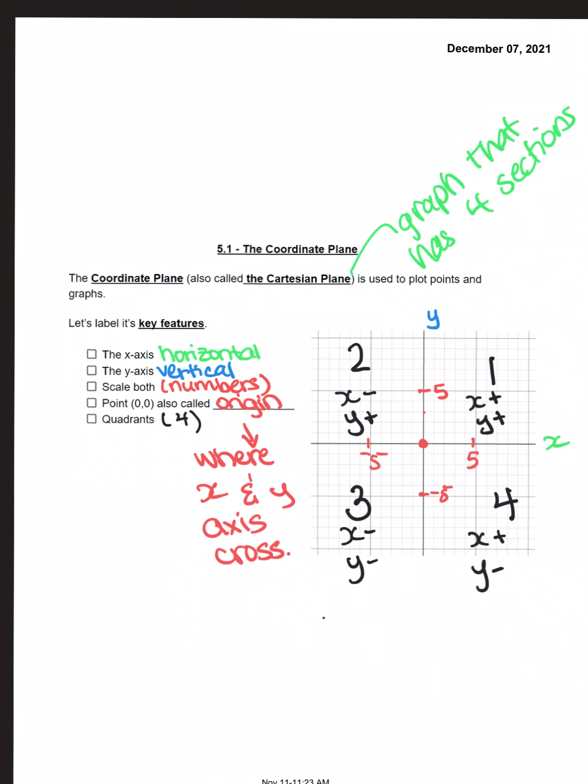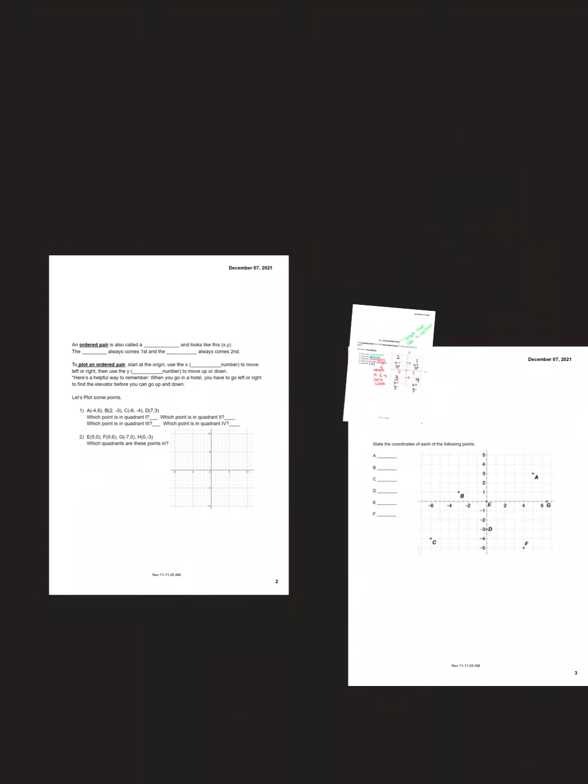My x's, if I just compare right to left, I know my x's are all positive here on my right-hand side, and my x's are all negative on the left-hand side. So these are some things that I'm noticing here, okay? But this is essentially what a Cartesian plane is. So this is what we're going to talk about for the next little bit.